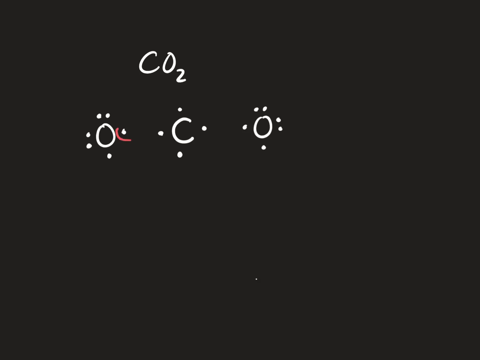Okay? These two electrons are going to form a covalent bond. These two electrons are going to form a covalent bond. These two, okay, I've got to draw it like this. These two electrons, covalent bond. These two electrons are going to form a covalent bond. And what we end up with is this.